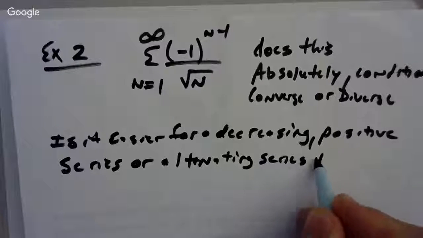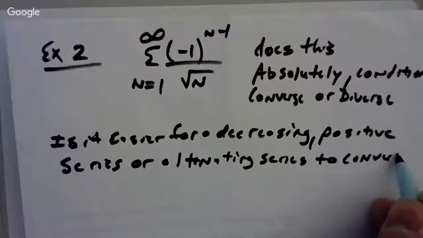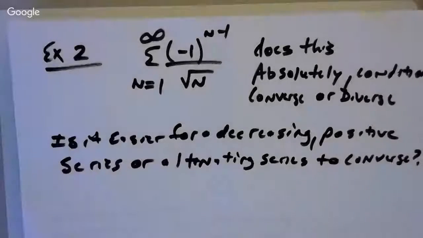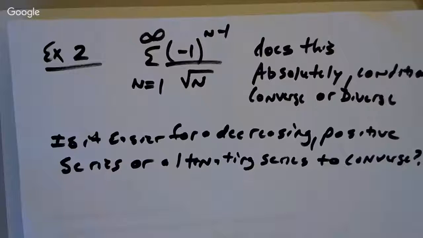Is it easier for a decreasing positive series or decreasing positive alternating series to converge? Because that's the crux of the understanding that we have to get from today.